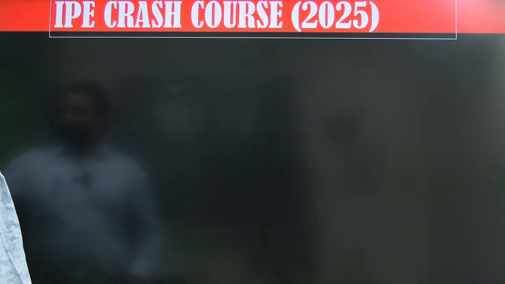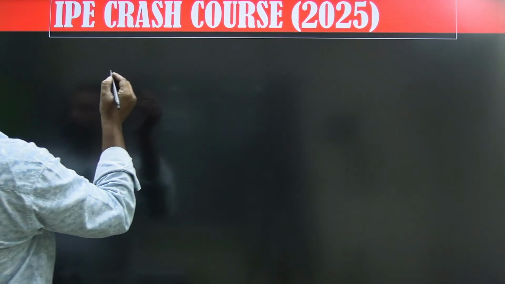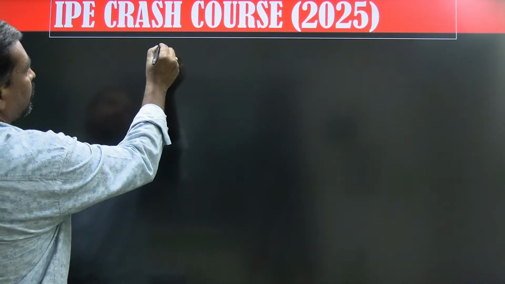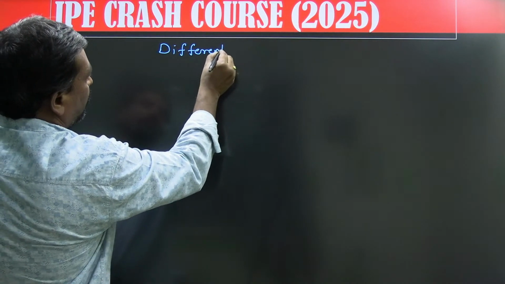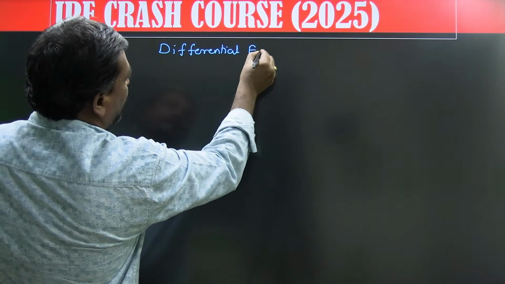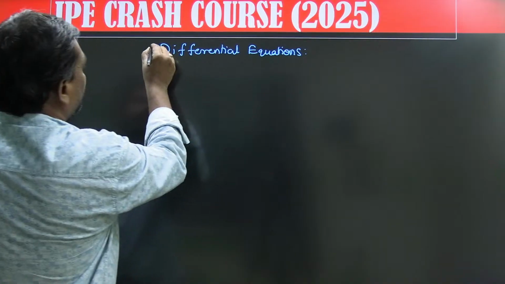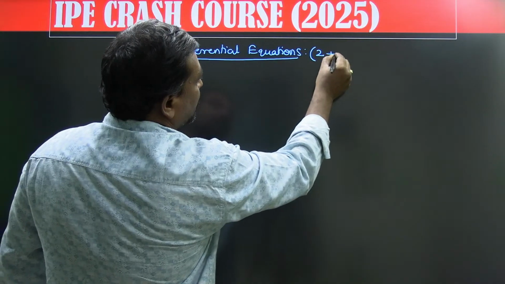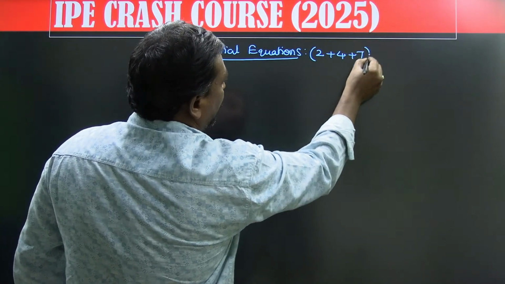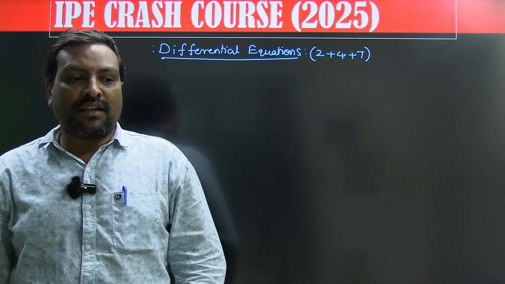In this differential equations chapter, we can get one 2 marks question, one 4 marks question, one 7 marks question. 13 marks from this chapter for the Telangana Board of Intermediate.